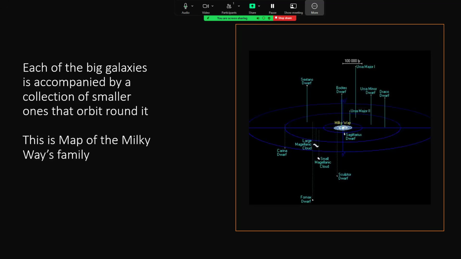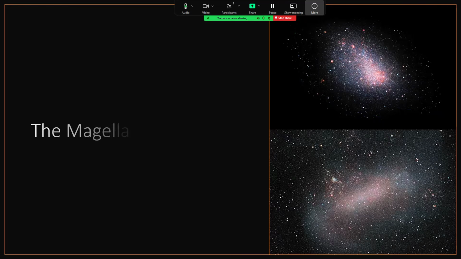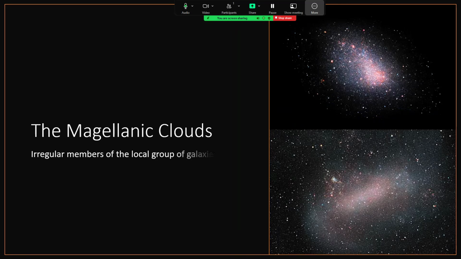So the large and the small Magellanic Clouds are perhaps the largest and best-known ones of this collection, and here they are. We have the two images here on the right-hand side, the small Magellanic Cloud at the top there, and the large Magellanic Cloud at the bottom, the SMC and the LMC, as we often call them.